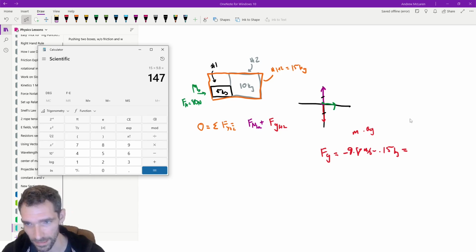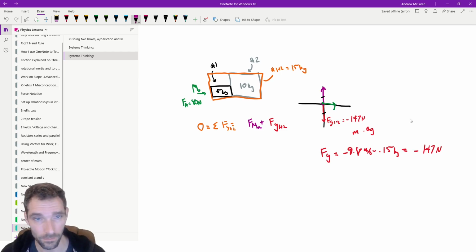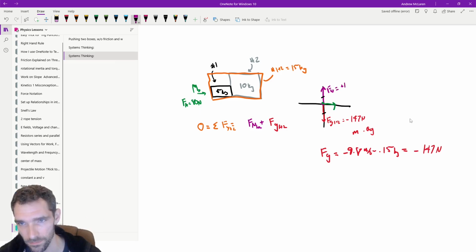But again, this is a negative 147 newtons. So the force of gravity of 1 plus 2 is equal to this negative 147 newtons, meaning the force normal, because these have to be equal and opposite, this object is not moving up or down, is going to be a positive 147 newtons.